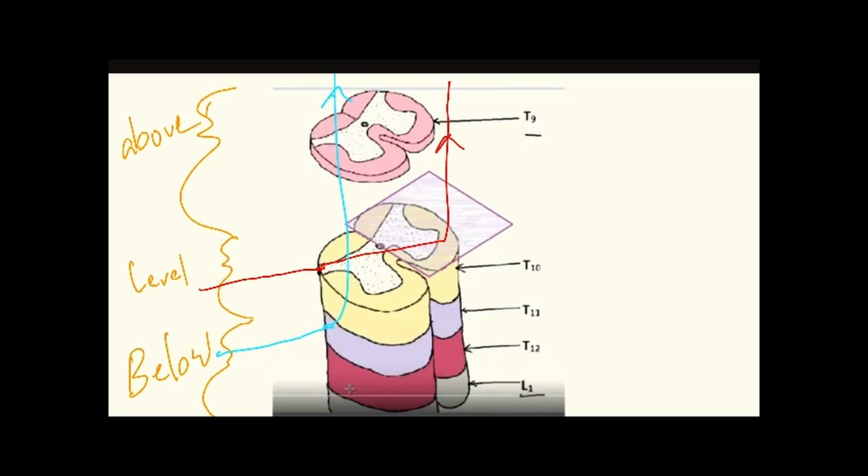And let's do a motor one. Motor comes down. Where's my motor? Okay, so it comes down. And the motor also crosses over before it leaves.